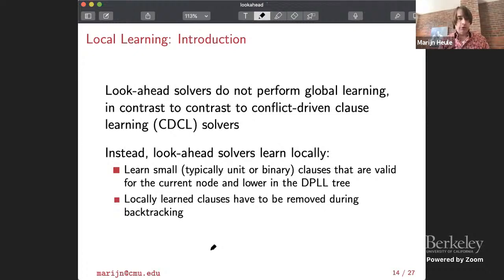And so we're only going to learn clauses, typically units and binary clauses, that are valid for that node and everything below it. Because they're only valid at this point in the search, as soon as we backtrack, we have to remove them all. This also makes the data structures much more complicated, because you need to do a lot of accounting of which clauses are valid where.